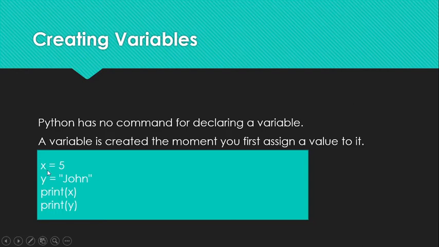As you can see, to write a variable, you just need to type x equals and then whatever value, like 5, and y is equal to John. Then let's print x and print y. Very easy, right? That's not the end of the video. There are still so many things that variables have.